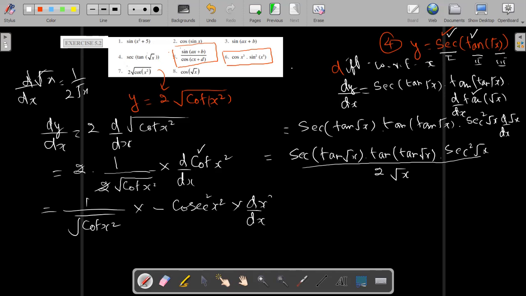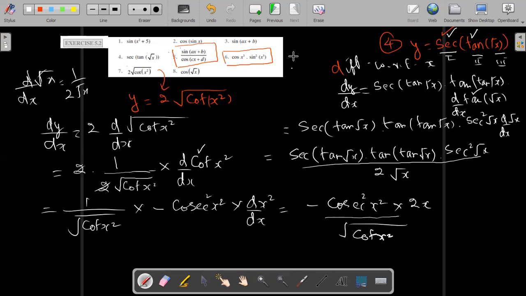You have to practice. The minus we can write at the start, and cosec square x square in the numerator, and denominator root cot x square, and the differential of x square is 2x. So this is the solution. Okay, understood?